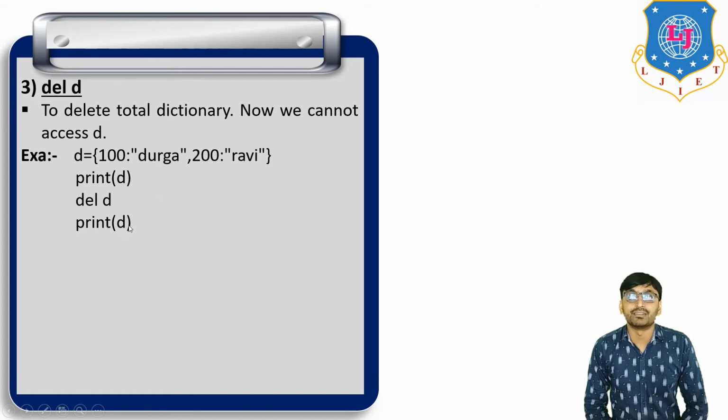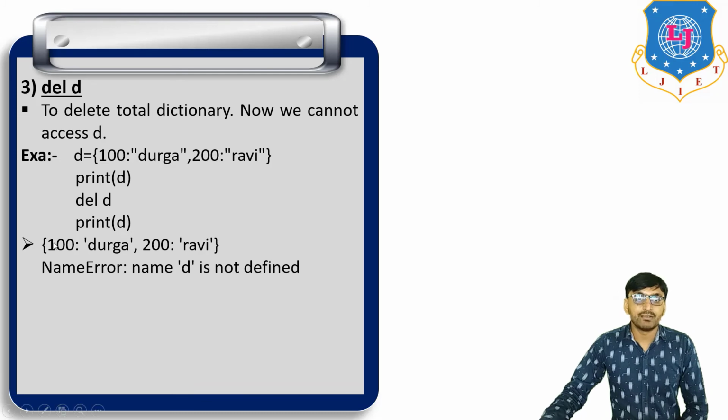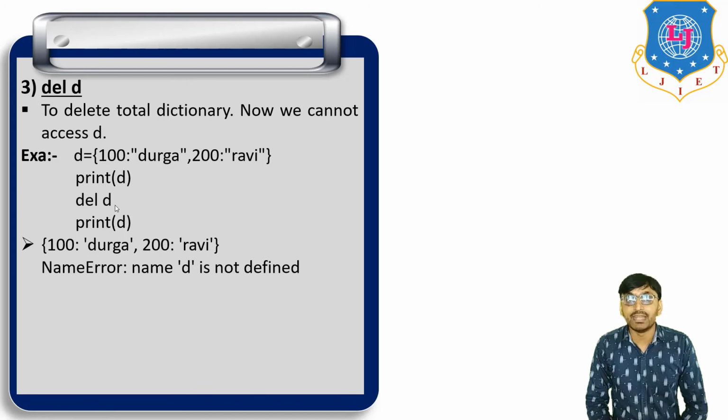So we first get the complete dictionary, and then a name error because name D is not defined, since del D deletes the total dictionary. So this is about how we delete some element or the total dictionary.